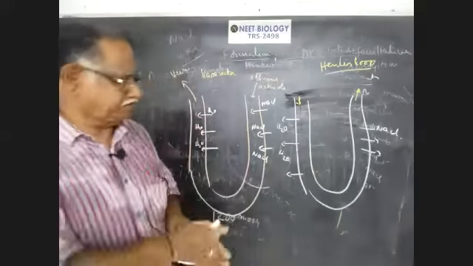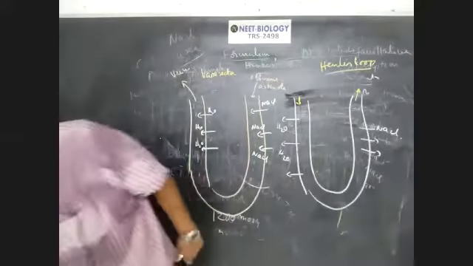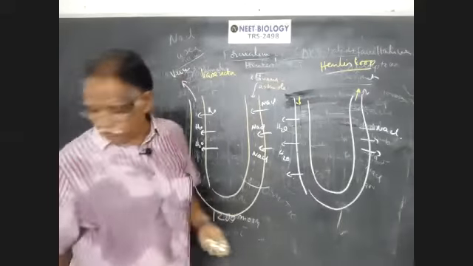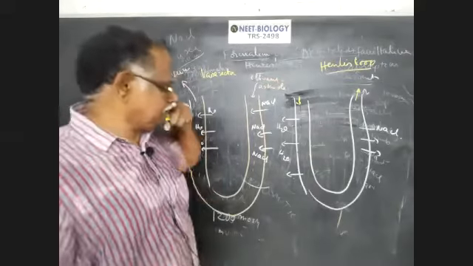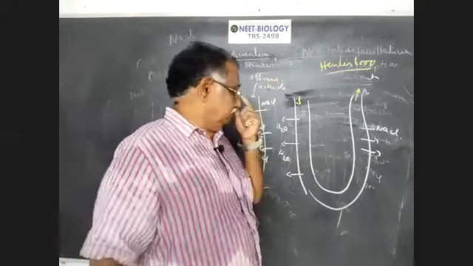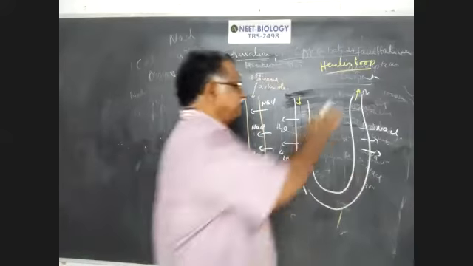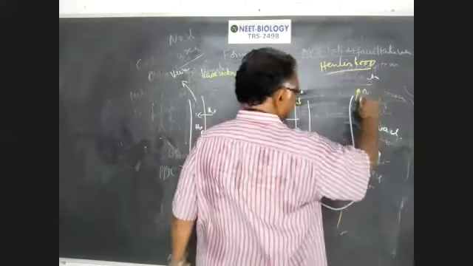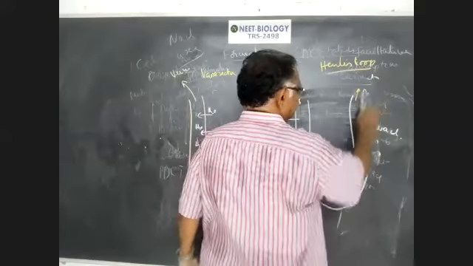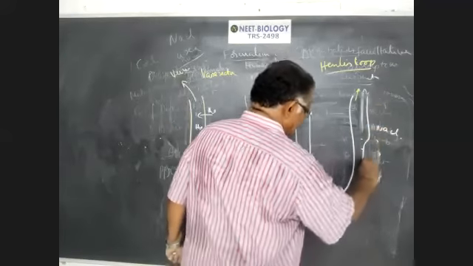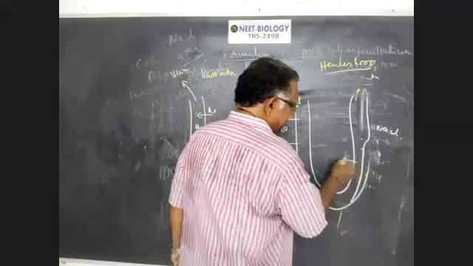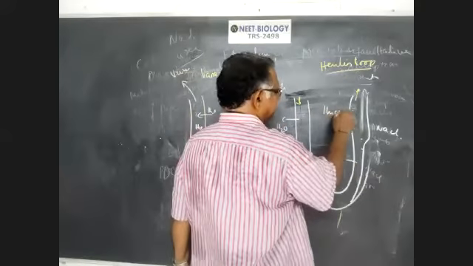Listen carefully. Now, next one. In the thin limb of the ascending limb, the ascending limb has two regions, thin segment and thick segment.